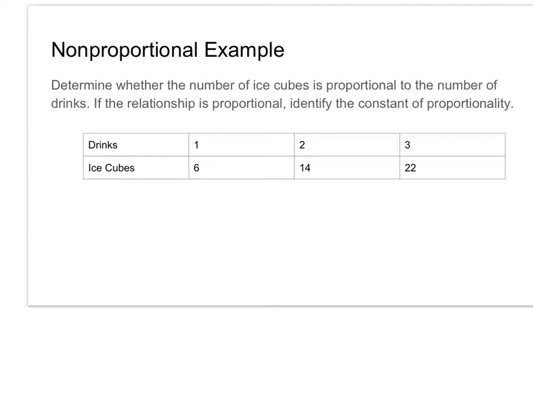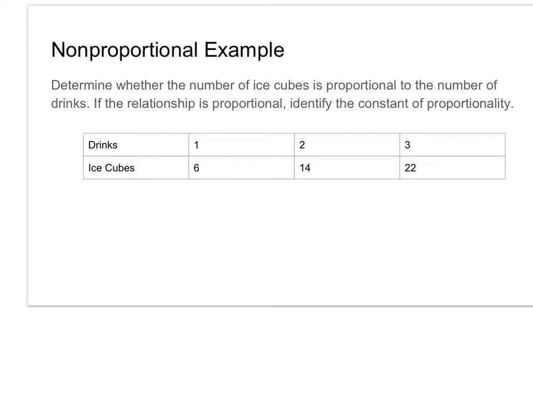Now let's take a look at a non-proportional example. We want to determine whether the number of ice cubes is proportional to the number of drinks. And by the hint of our title, non-proportional is telling us it's not going to be proportional. If the relationship is proportional, you want to identify the constant of proportionality. So let's make our unit rate.